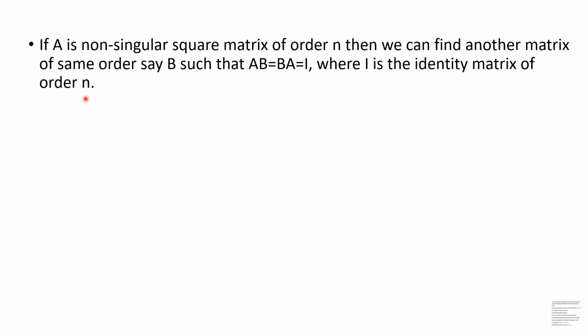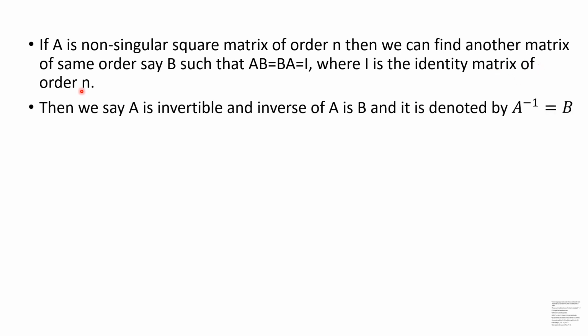I call that matrix B. So A is non-singular, and its inverse is another matrix B, so that if I multiply A with B, you are going to get the identity matrix I. You multiply A with B, or B with A, both are the same, and both are equal to the identity matrix, where I is the identity matrix, or sometimes we call it the unit matrix of order n.